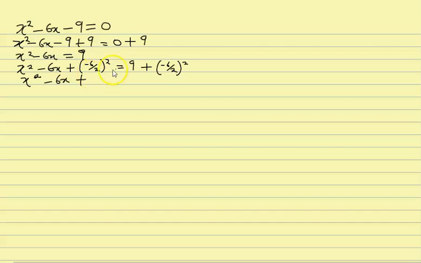I mean, negative 3 squared is the same as positive 3 squared, because we are going to arrive at the same answer eventually: minus 3 squared is 9, plus 3 squared is 9. So I will just keep the 3 there, squared, equals 9 plus 9, and that is at the end of the day equal to 18.